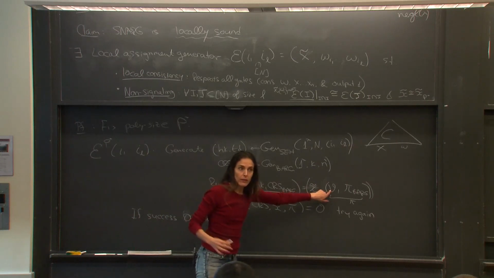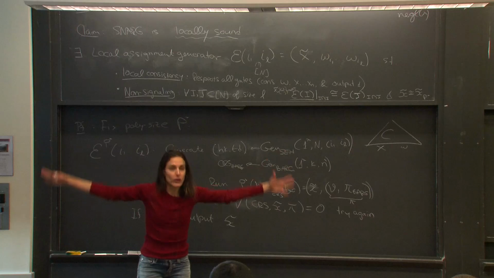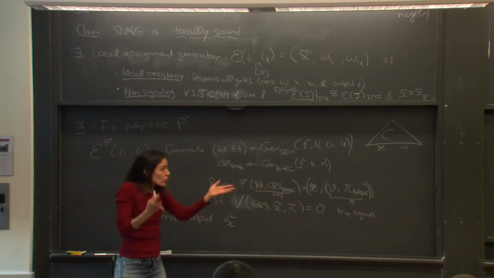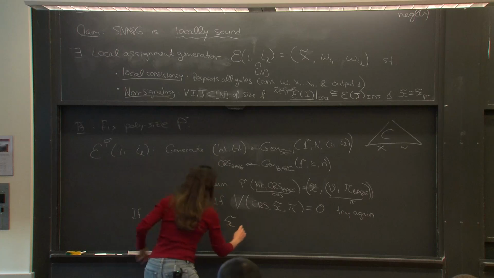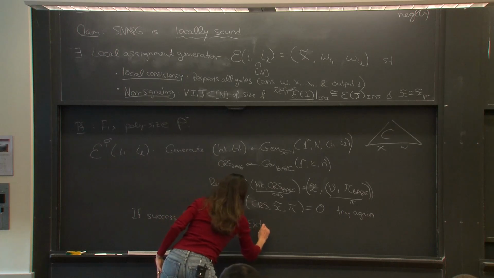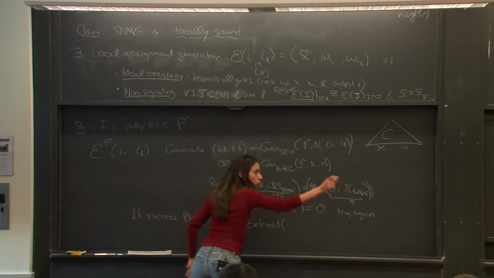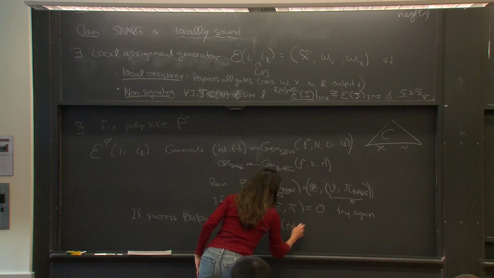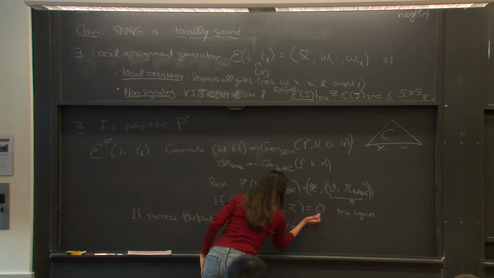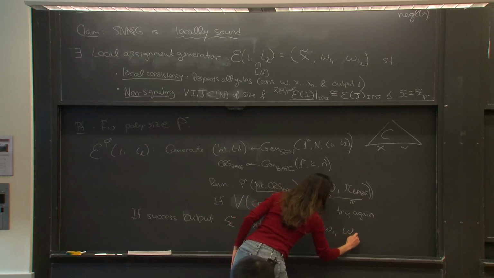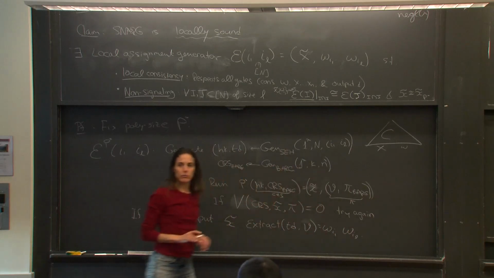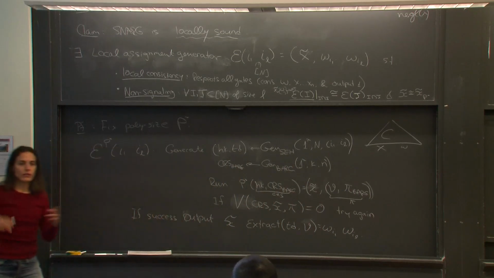Extract from the V. Remember, this V is the hash of all the wires of the circuit. Extract, and you'll get the wires corresponding to I1 up to IL. So output this, and output the extract with the trapdoor of the value V to get W_I1 up to W_IL. That's it. That's what the extractor, the local assignment generator, does.